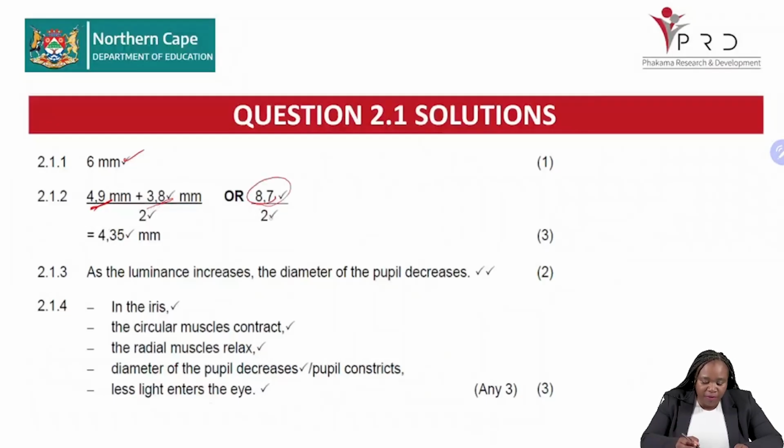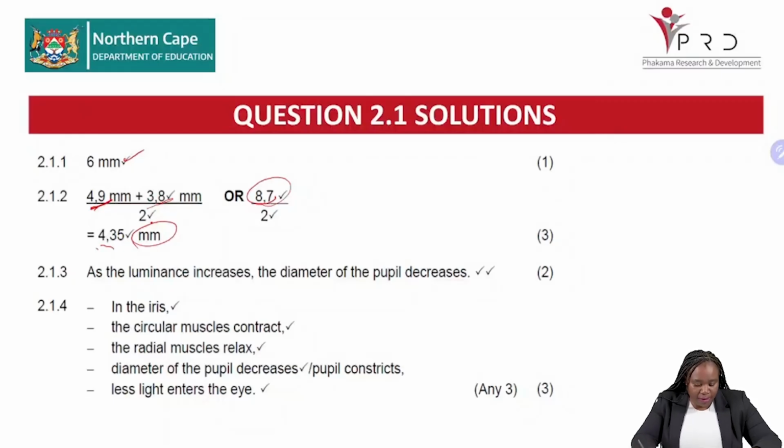Then the 8.7 divided by 2, like I said, dividing by 2 is a mark, and then finally your 4.35 millimeters, which would be your final answer. Again, remember, every time you are doing calculations, if you've been provided with a unit, make sure that even in your answer you indicate the unit that you were given. So here it will be 4.35 millimeters. That is how you would score your 3 marks.